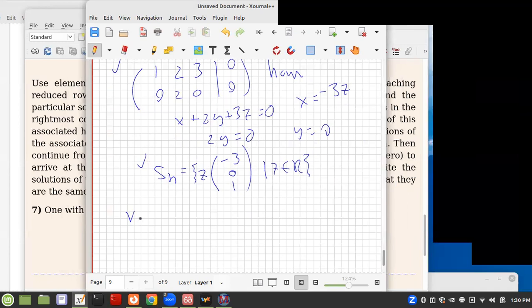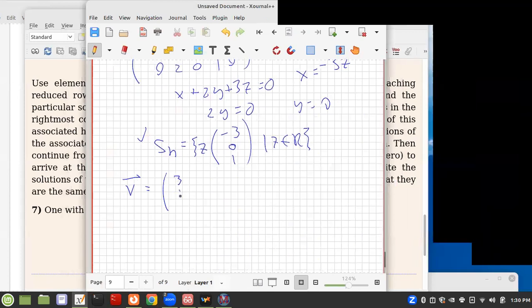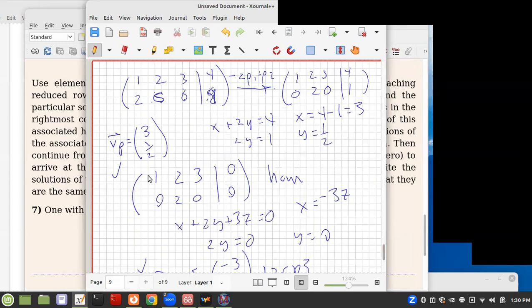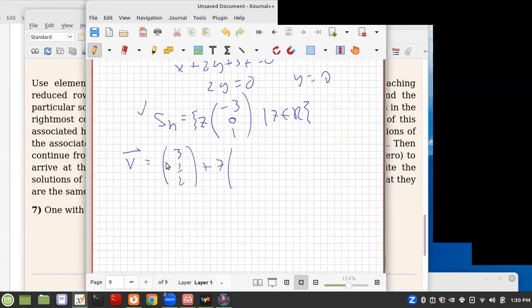A general solution v would be (3, 1/2, 0) plus z times (-3, 0, 1). That's the general solution, right? A homogeneous one plus the particular. This is v particular. This is any homogeneous solution.